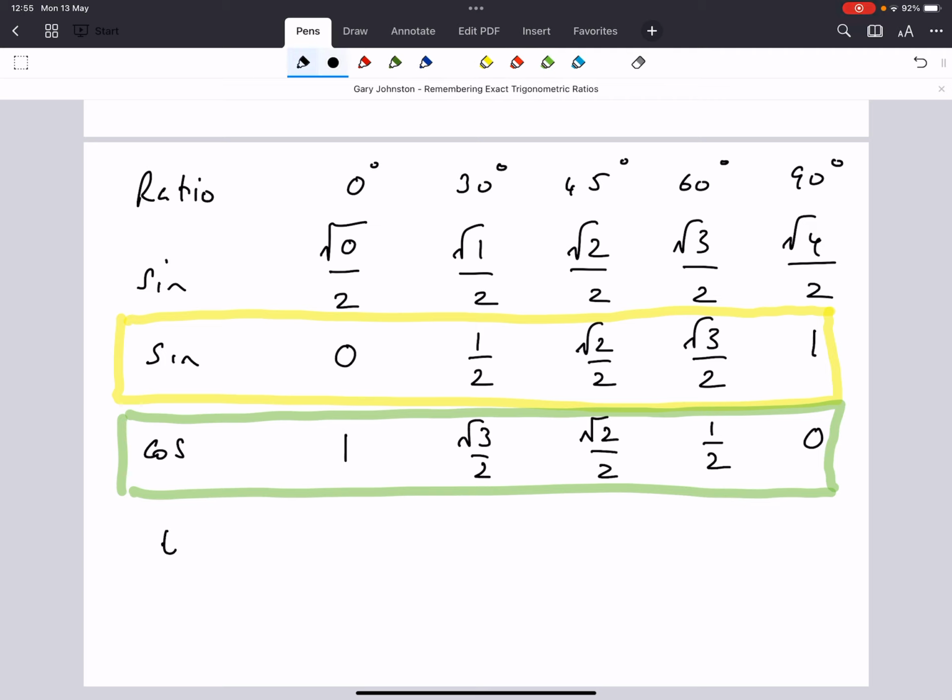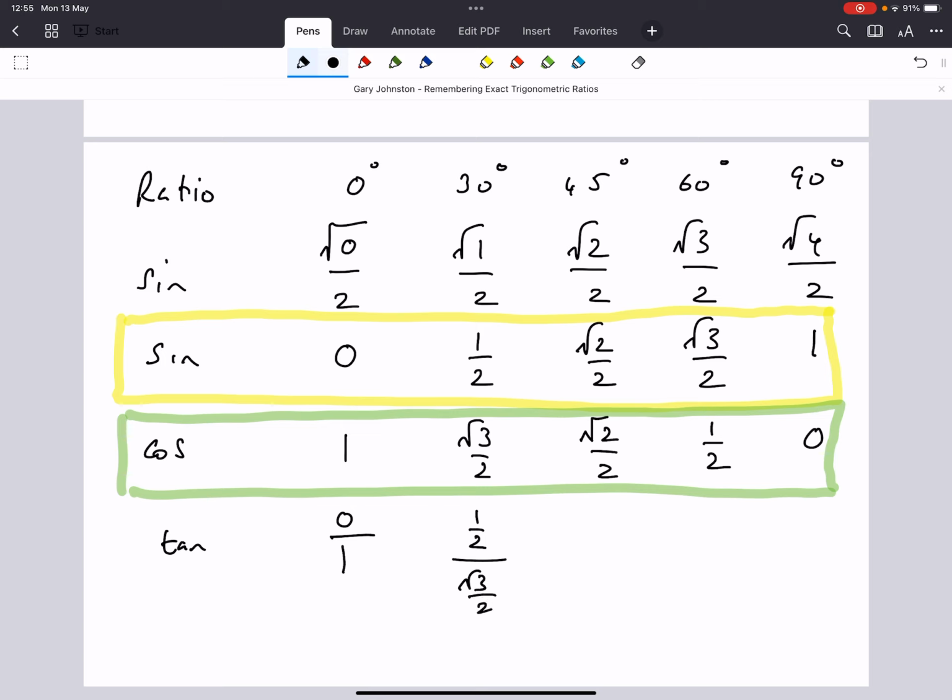Okay. Tan is simply the sine ratio divided by the cos ratio. So we can write that without worrying about simplification to start with by just doing 0 over 1. We can then do the same for this one over this one. So the tan of 30 degrees is a half divided by root 3 over 2.